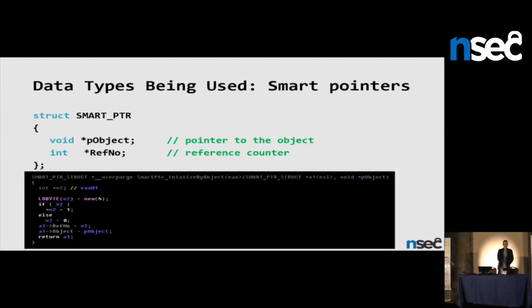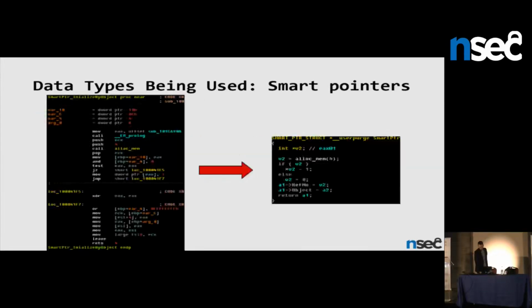So it keeps track of the references, and when the number of references is 0, you can dispose of the object and release the resources. And this is just an example of how a constructor of the smart pointer looks. We are just allocating memory for a reference and initializing it with the object over here.